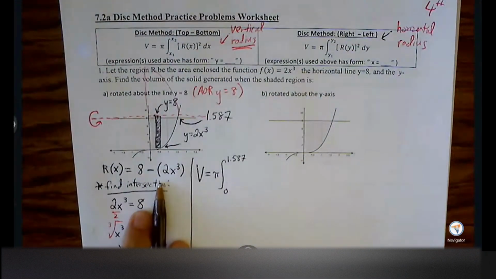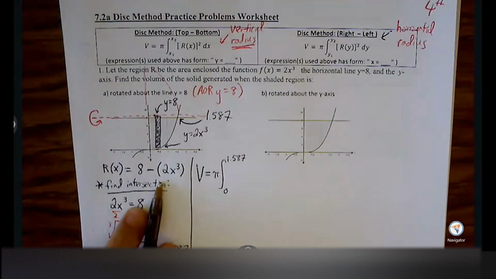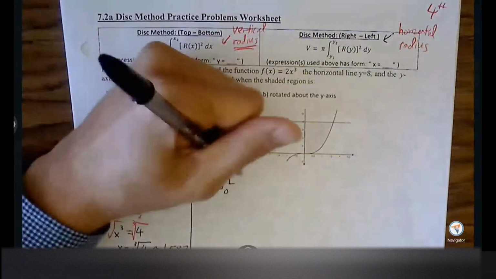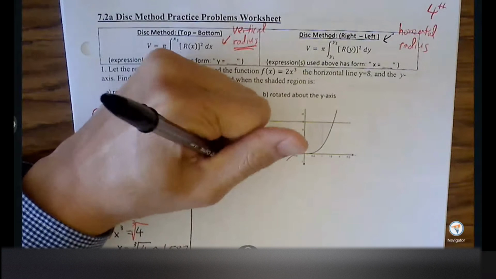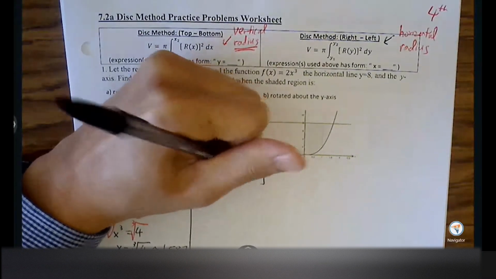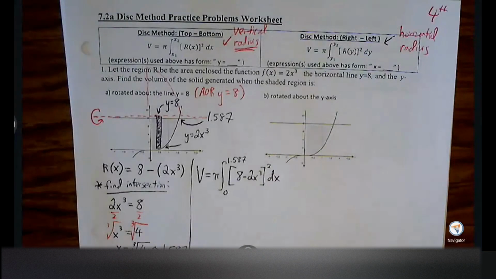Okay. We have to square the entire radius expression. So if you want to drop the parentheses, that's fine. We know that there's no multiple terms we have to distribute, but we do need to square the entire 8 minus 2x cubed. So I want to put a bracket there just to make it more visual, but in your calculator, it'll be parentheses.